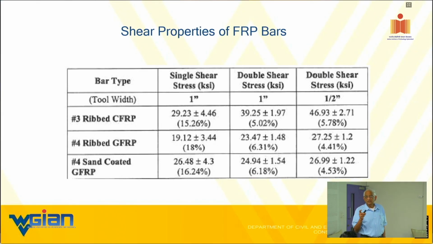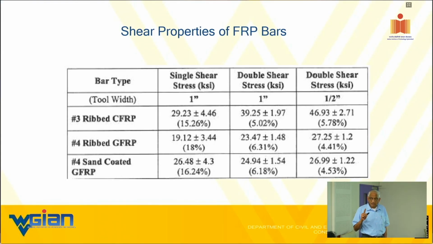Okay, what's the difference between a single shear and a double shear? Do you know? So here we are talking about a 4-point bending like thing as opposed to a 3-point bending like thing. That is with reference to the interlaminar shear.